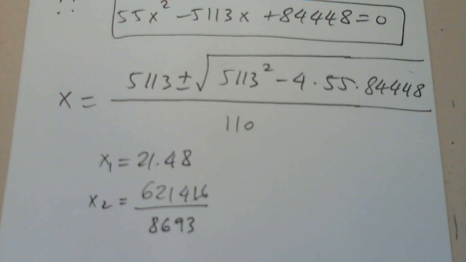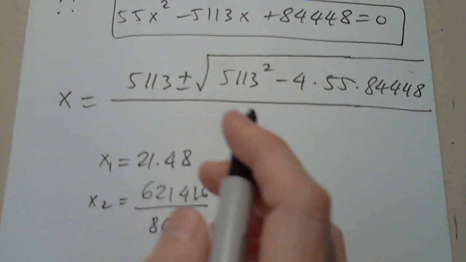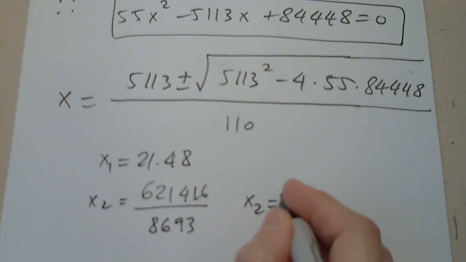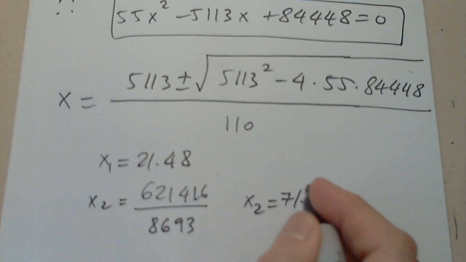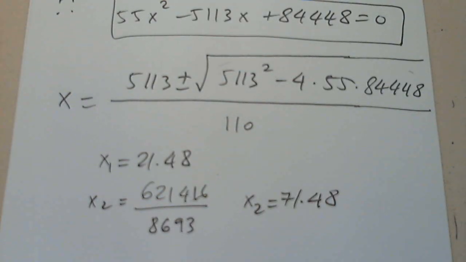Second and quit, and 621,416 divided by 8693. Okay, so the other solution is x sub 2, 71.48.